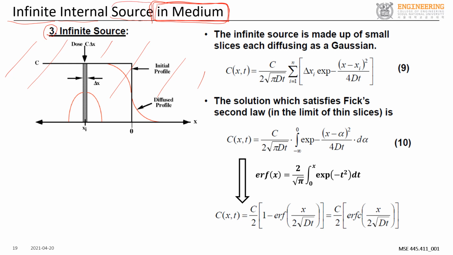This is the initial concentration for the dopants, and you can see that it's constant initially when x is smaller than 0. So in this region, you have a constant concentration, but it's an infinite depth. That's why it's an infinite internal source. So there's an infinite amount of dopants.